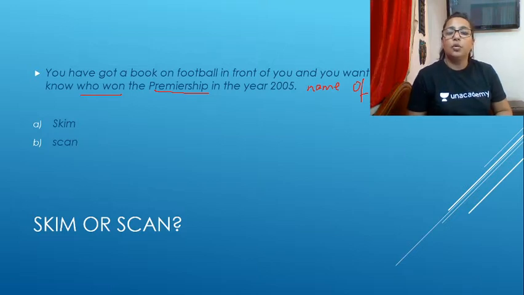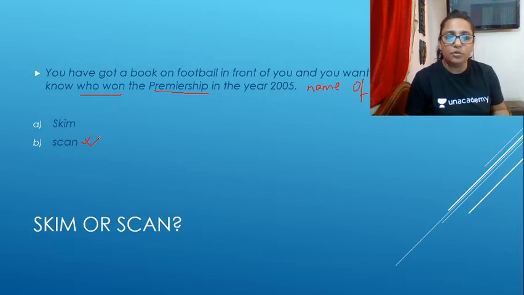So when I'm looking for particular specific information, I can easily scan. I don't need to skim also. I don't want a general idea. I know what the book is all about, but I know I want this particular information, so I'm going to scan for it. I'm going to look for a name.